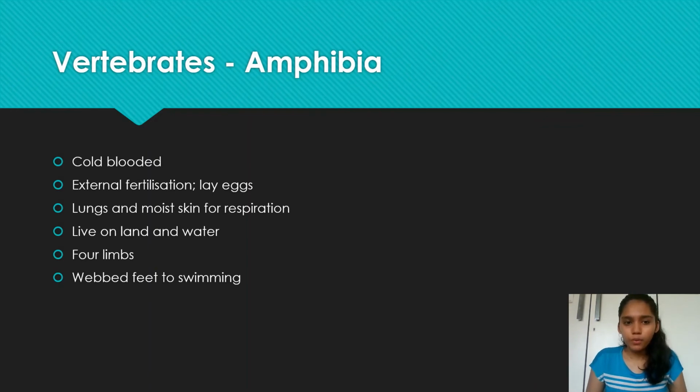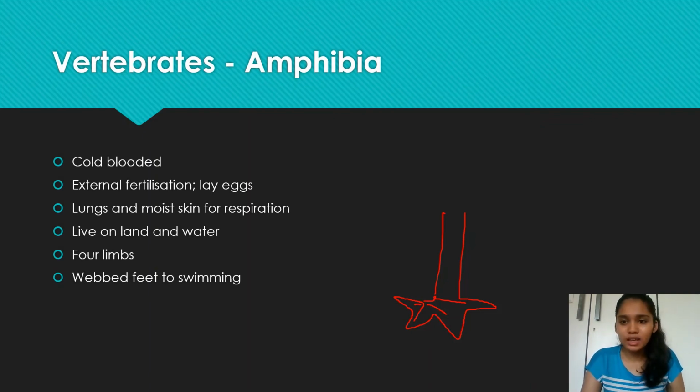They have four limbs and they have webbed feet, to increase the surface area to enable them to paddle or swim in the water. So webbed feet is essentially like this, if these lines are your toes, the outer surface is skin in between the toes to increase the surface area and enable them to swim. It's as simple as that.